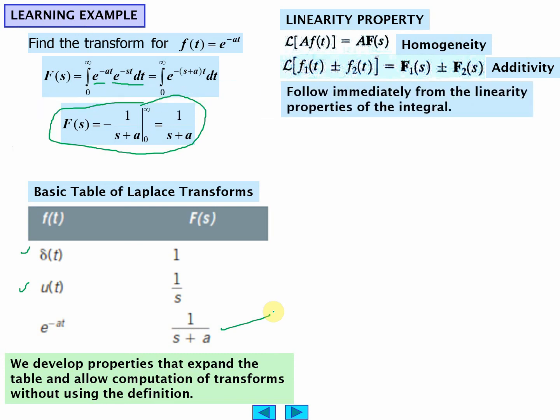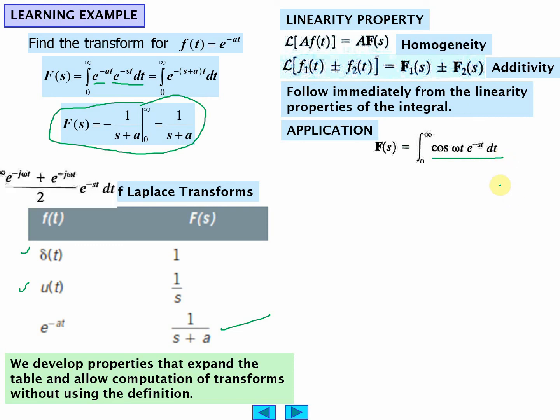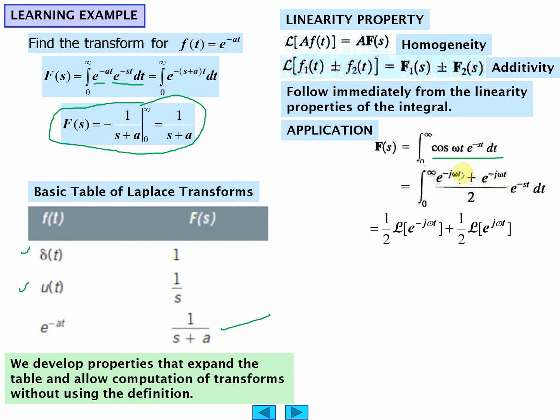We've already seen a lot of these properties. We can get the transform of the cosine as well. This uses Euler's identity, and we get this result.